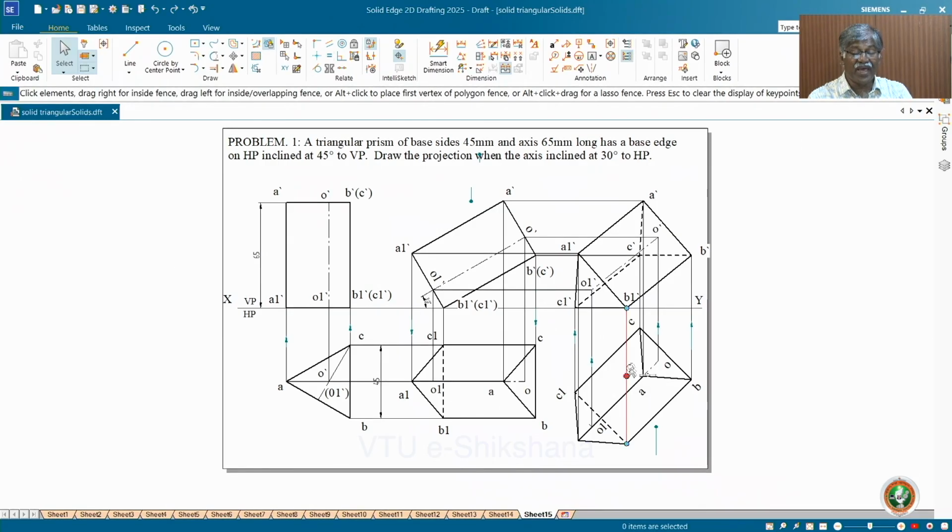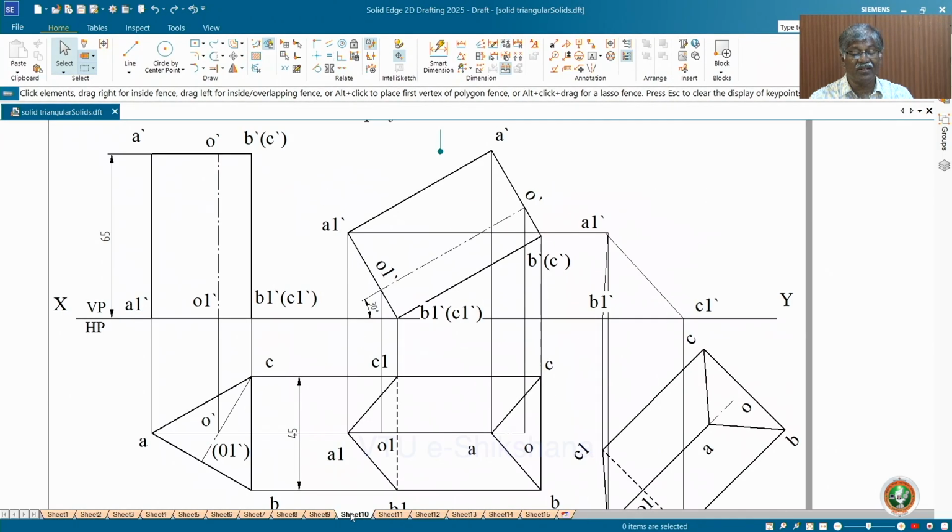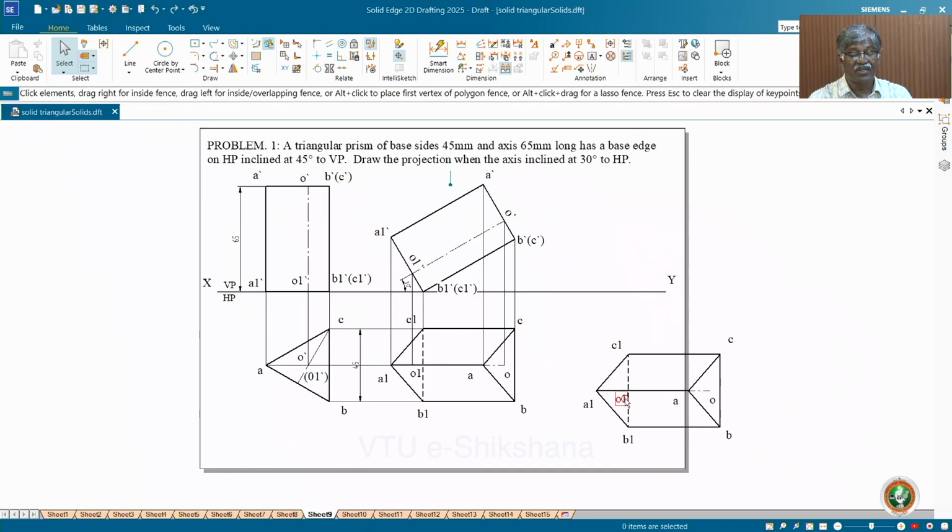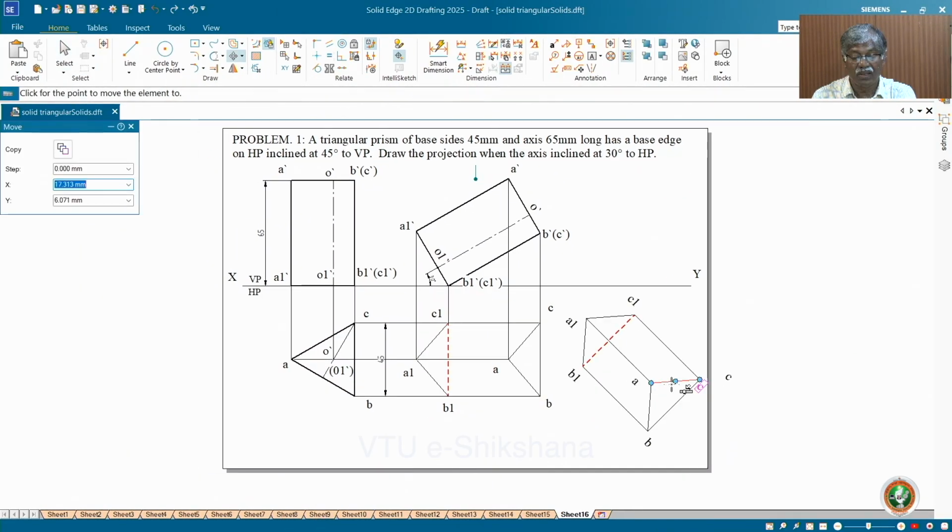Now you can have one more situation, where the top face is nearer to the observer. How to do it? Again, same thing. Instead of keeping this nearer to the observer, take it away from the observer. Now you project the base and also the top face.